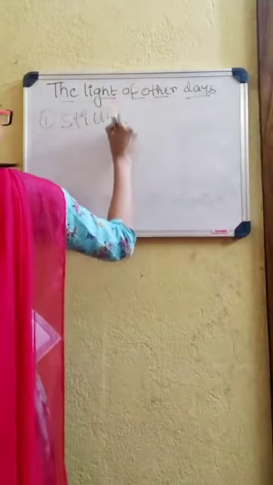So stilly night. Night is the noun. Heart is a noun and weather is a noun. These are all nouns. And stilly, cheerful and wintry, these are all adjectives. So what is happening?